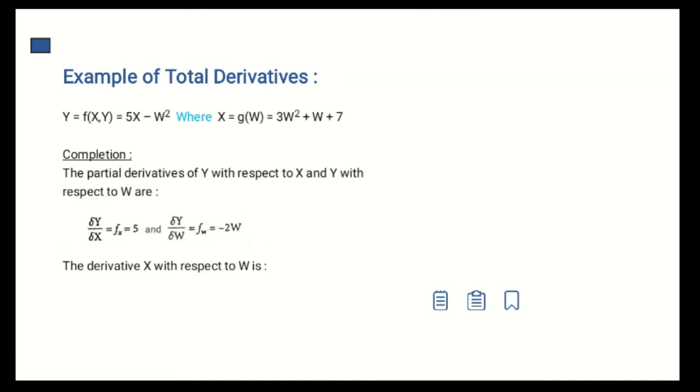This result is the derivative of w squared.